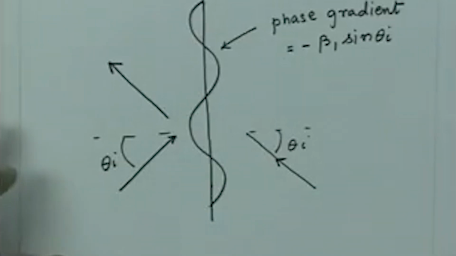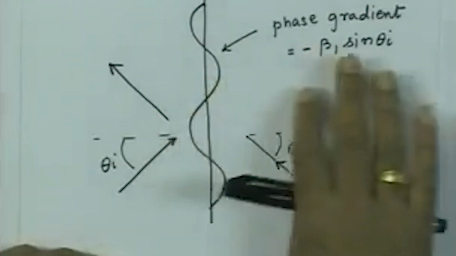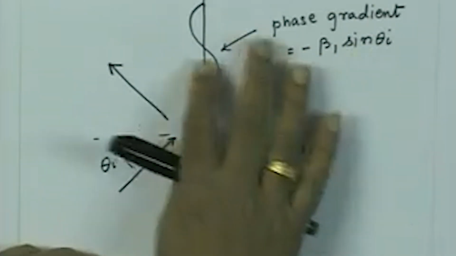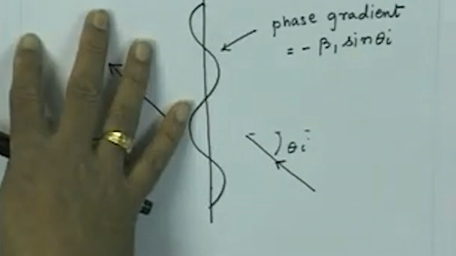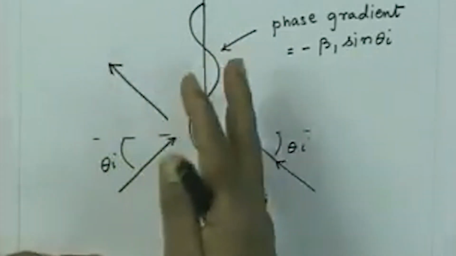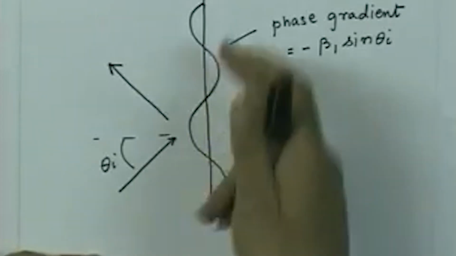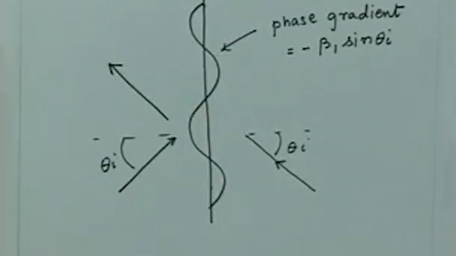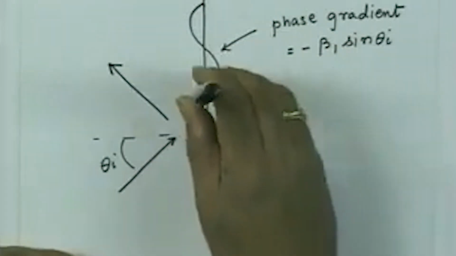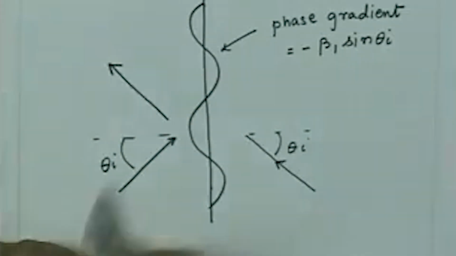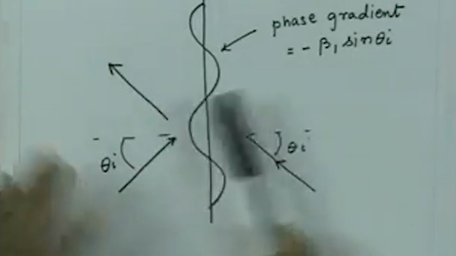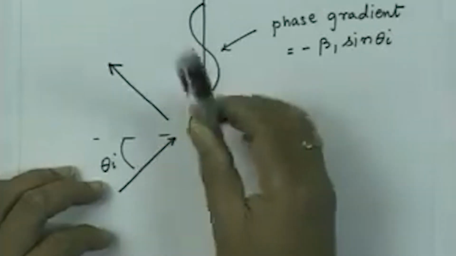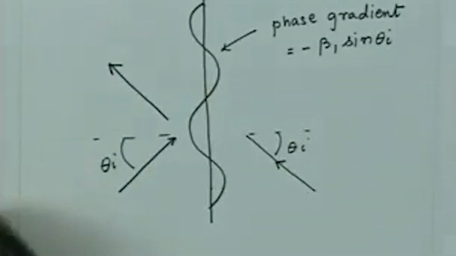So essentially what we note now is that the field which goes into the second medium, and the field which gets induced into the first medium, they also should have a phase variation which is the same as this phase variation, because they are caused because of this. And since this phase variation is uniform in this direction, these fields also must constitute a phenomena for which the field is constant in this direction.